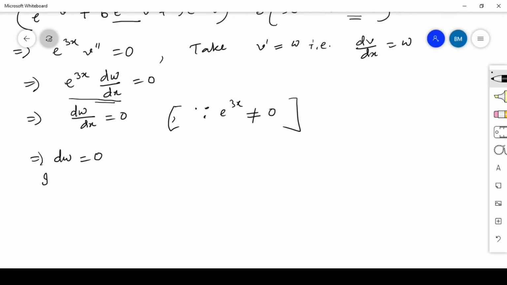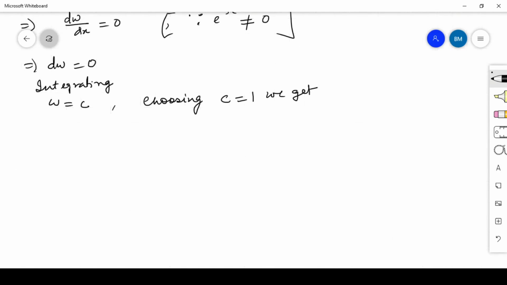So integrating, we get w is equal to c. Now we choose c equal to 1, as in the method which we have already learned. So choosing c equal to 1, we get w is equal to 1.